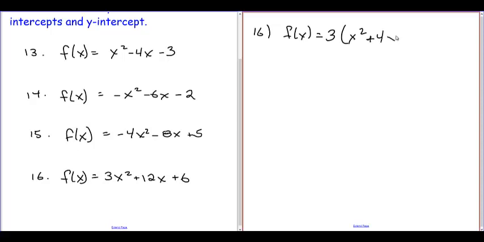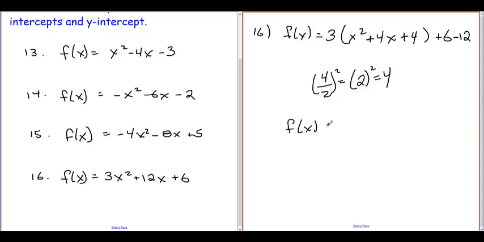So plus 4x, leave a space, put the last number. So if you just factored out the 3, take the coefficient in front of x, divide by 2, square it. So that's 2 squared, which is 4. So we're going to add 4. But we're really adding 12 because you got 3 times 4 is 12. So adding 12, we're going to subtract 12 to balance that out.